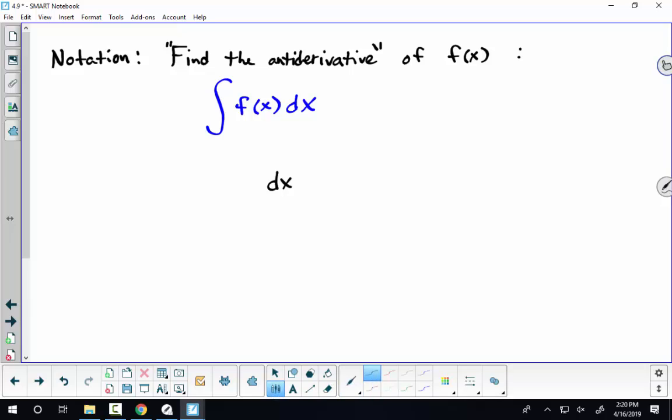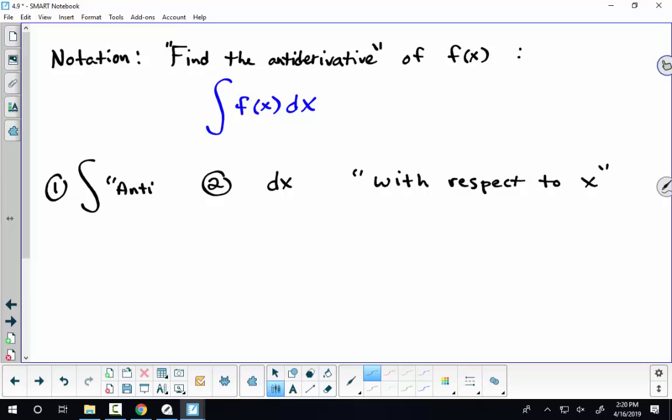The dx is just telling us with respect to. The elongated s is for the antiderivative. I'm just abbreviating antiderivative. So that's our notation for finding an antiderivative moving forward.